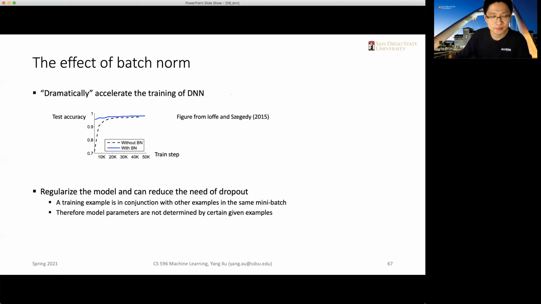Okay. So the basic idea is that if we train a model in conjunction with other examples within the same mini batch, then we rely less on certain particular examples, but rather look at all the data points in the mini batch as a whole set.